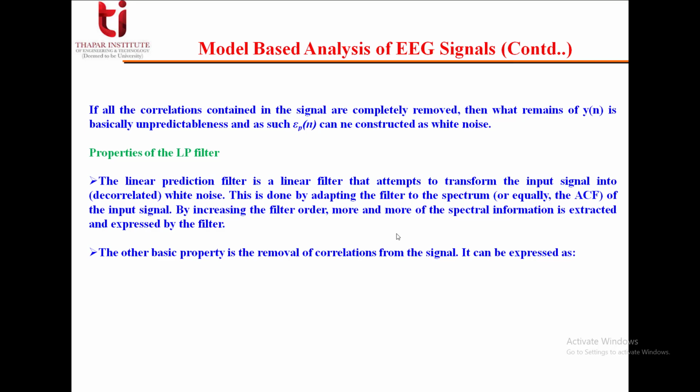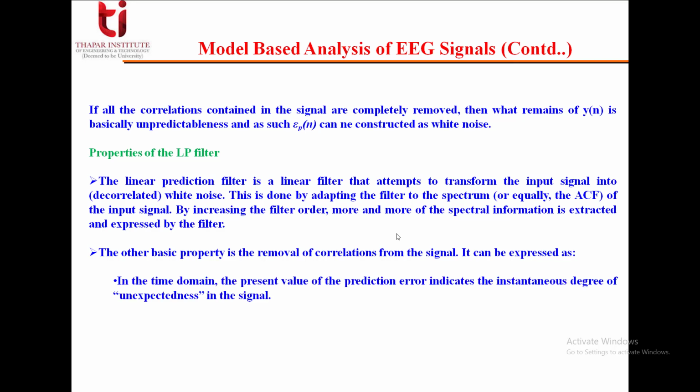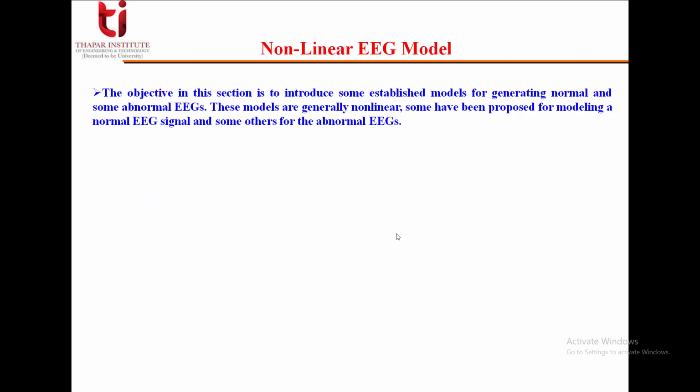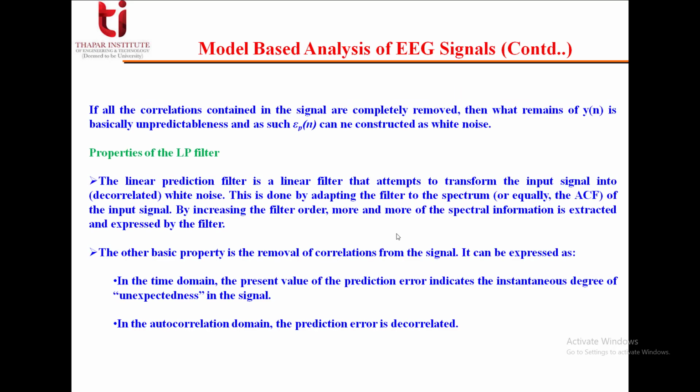The other basic property is the removal of correlations from the signal, which can be expressed in the time domain: the present value of the prediction error indicates the instantaneous degree of unexpectedness in the signal, and in the autocorrelation domain the prediction error is decorrelated. Now this was the linear modeling of the EEG signal.